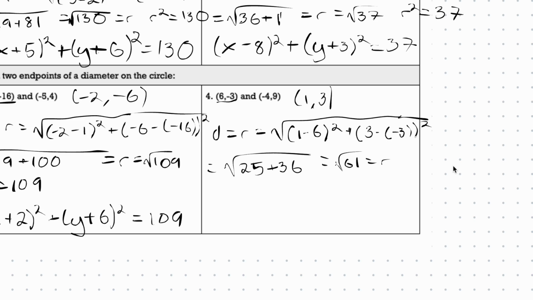So our r squared is 61. That's going to mean we do (x minus 1) squared plus (y minus 3) squared equals r squared, which is 61.